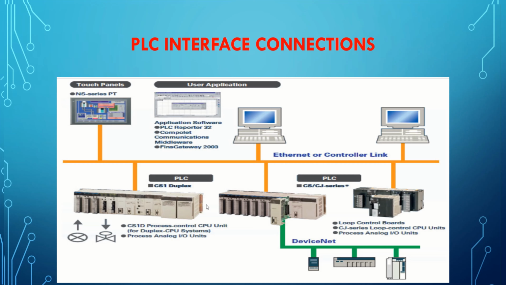So we have a different PLC for each system, and this PLC are also connected to a small PLC via DeviceNet. So we have two communication interfaces, which are the Ethernet and the DeviceNet.